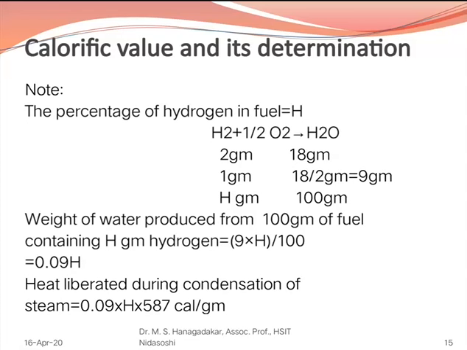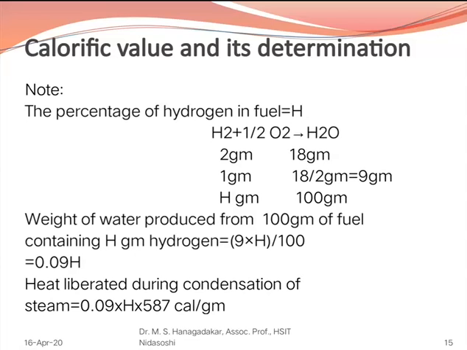Then how can we calculate the heat liberated during the condensation of steam? It is equal to 0.09 into H into 587 calorie per gram. It means that to convert 1 gram of water to steam, you need to supply 587 calories of heat.